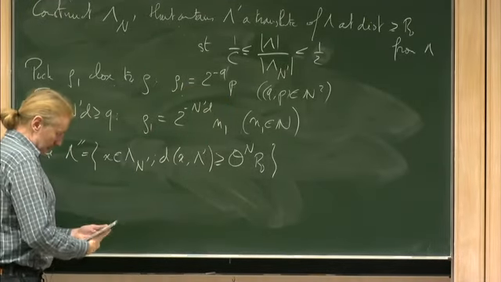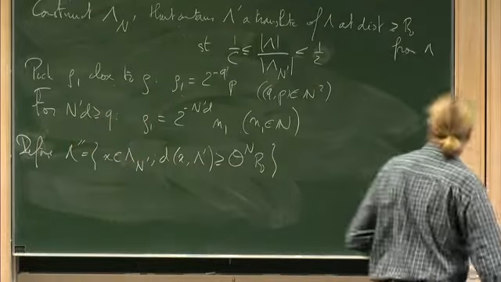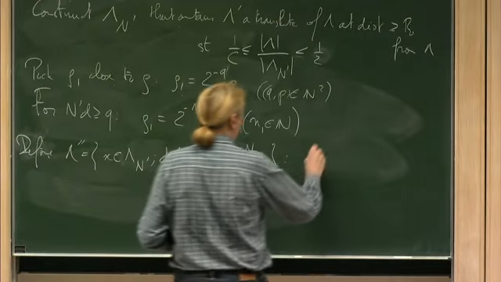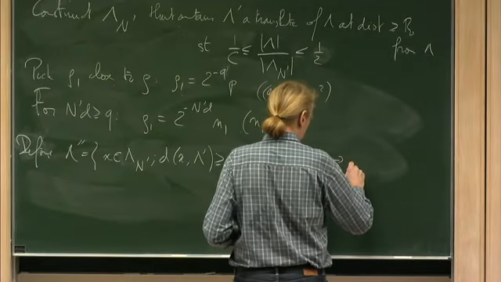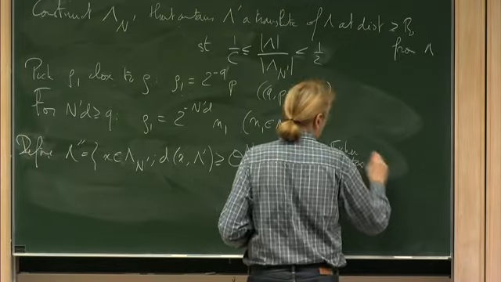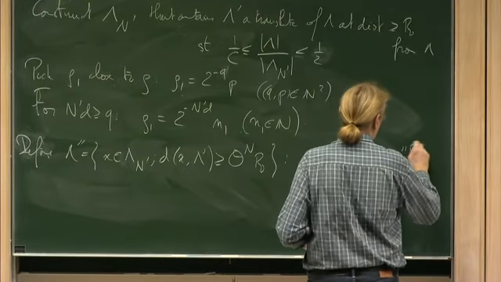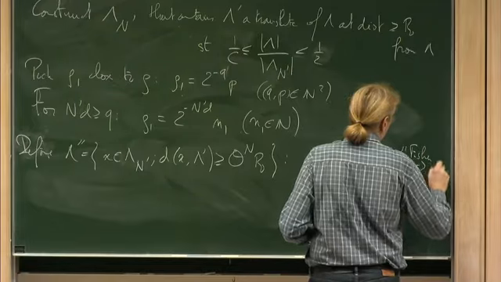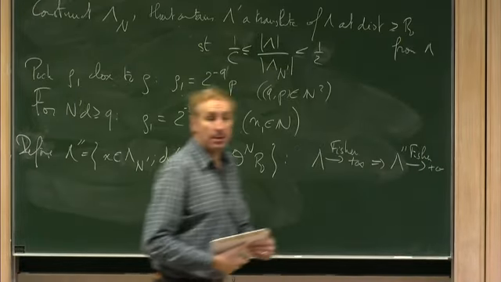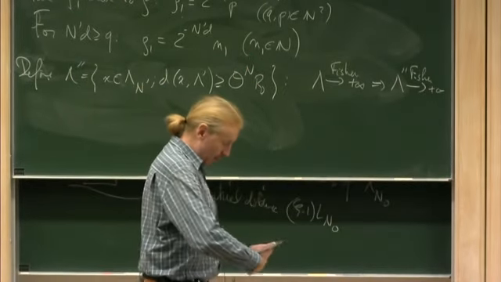And now what you can check, which is more or less obvious from the picture, is that if lambda goes to infinity in the Fisher sense, this implies that this one also goes to infinity in the Fisher sense. It's going to fill up the whole space in this regular way.